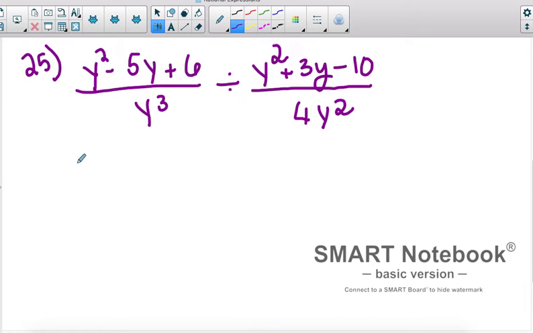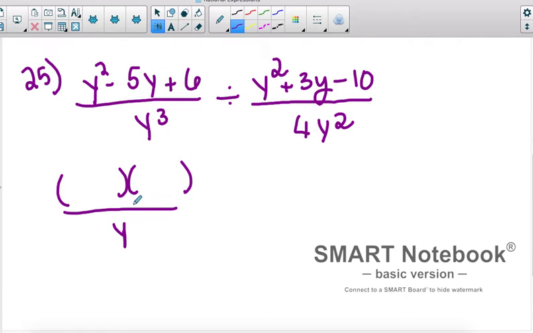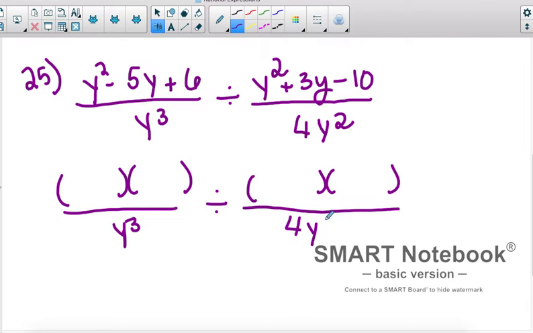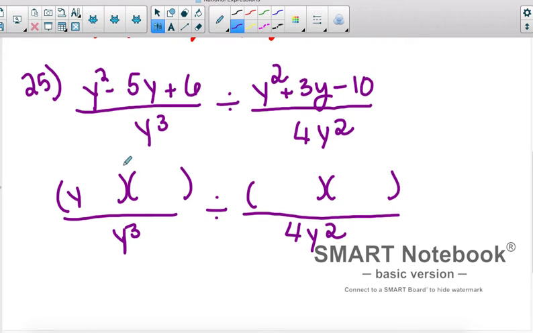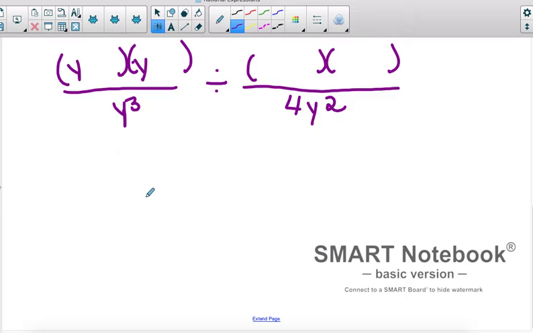So before I change it to multiplication, I like to factor, and you'll see why in a second. I'm keeping it as division for now. If you notice, the denominators I can't really factor, so I'm just going to leave them the same. At the top, this is a y, so y and y.